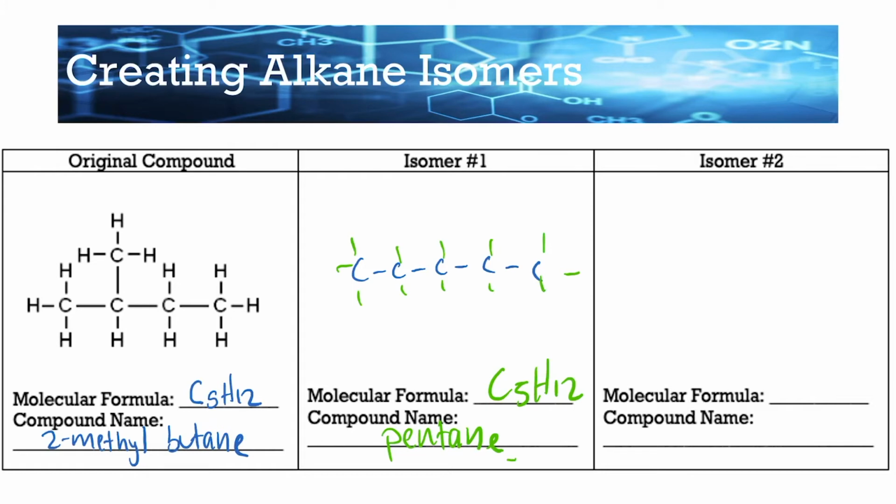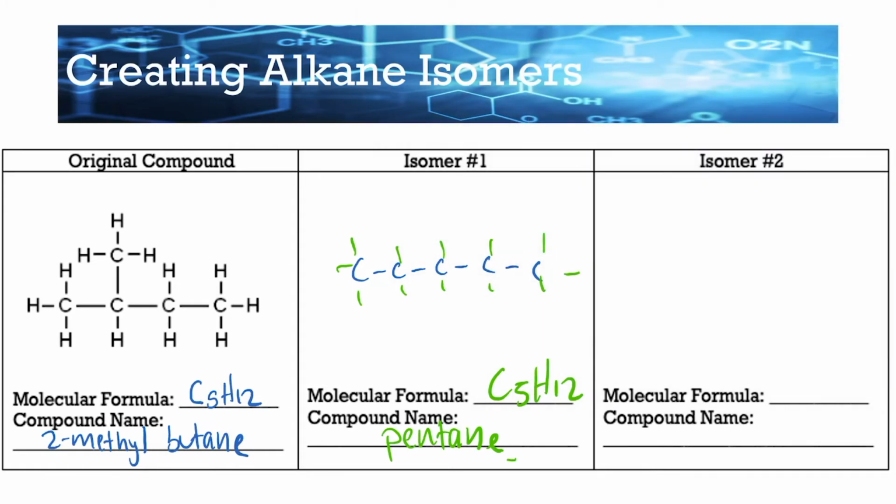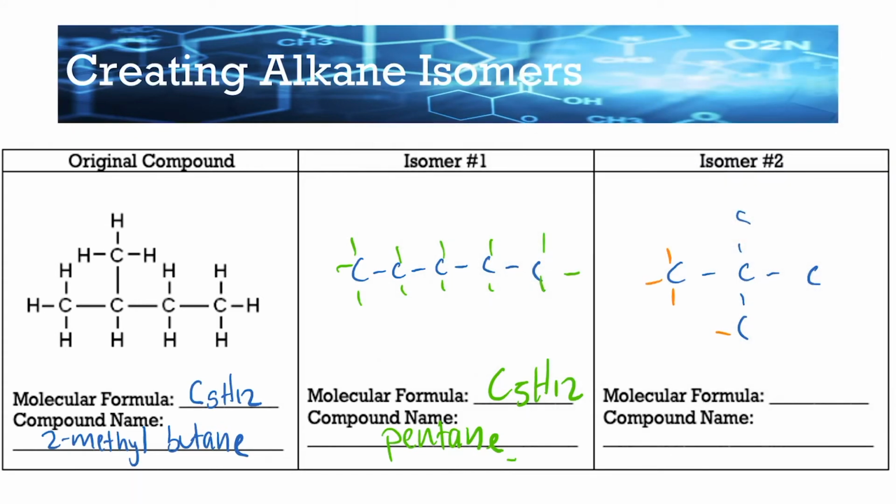Another example of one would be this. 1, 2, 3, 1, 2. So creating that cross shape kind of thing. And now everything in orange is an H. We still have the formula C5H12.